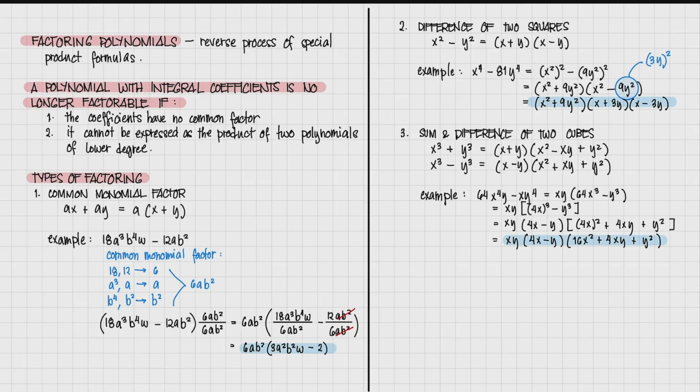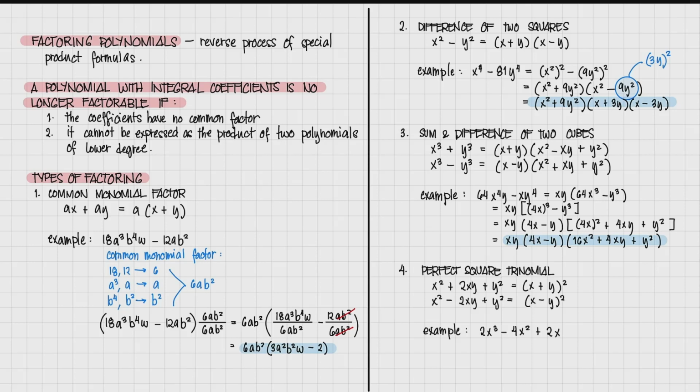And the next one, so let's write the next one. Our next type is perfect square trinomial. So let me write it down first. Okay, so we have a perfect square trinomial, and this is the formula for it. We're going to apply this one in our example: 2 times x raised to 3 minus 4x raised to 2 plus 2 times x.